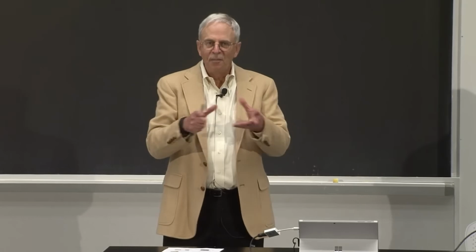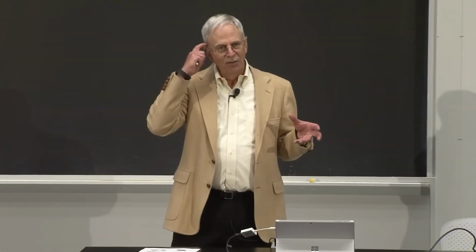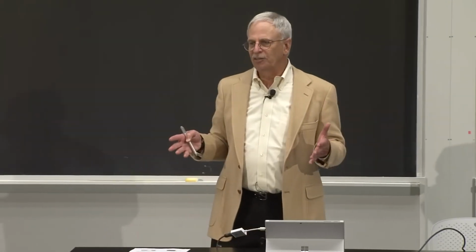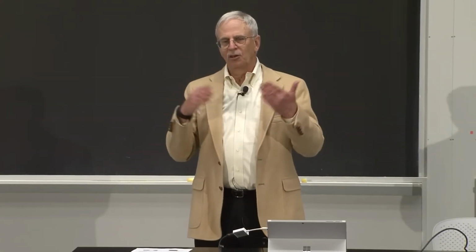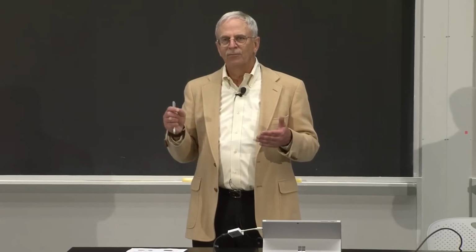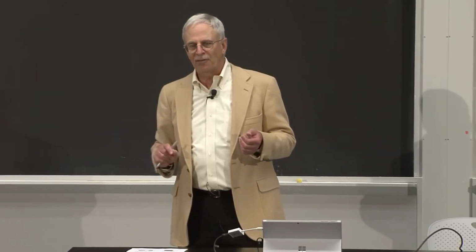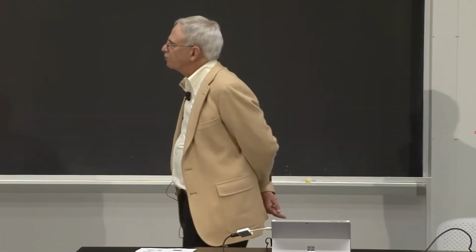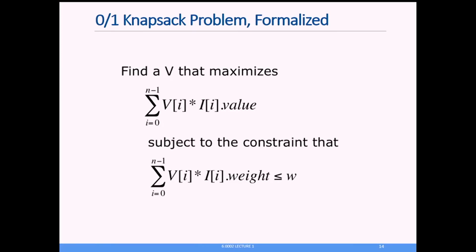OK, so I've kind of used mathematics to describe the backpack problem. And that's typically the way we deal with these optimization problems. We start with some informal description, and then we translate them into a mathematical representation. So here it is. We're going to try and find a vector v that maximizes the sum of v sub i times I sub i.